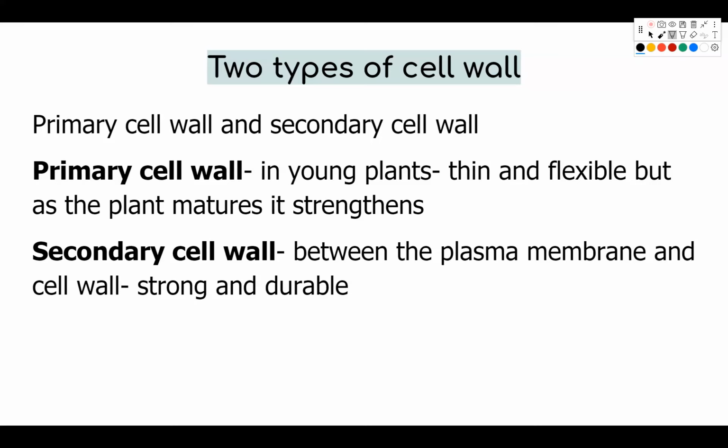But on occasion, certain types of organisms have this secondary bit. So there's a primary cell wall and a secondary cell wall. And we'll talk functionally and structurally about the differences between the two.